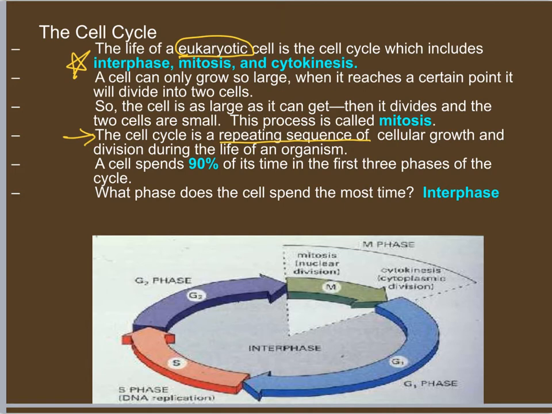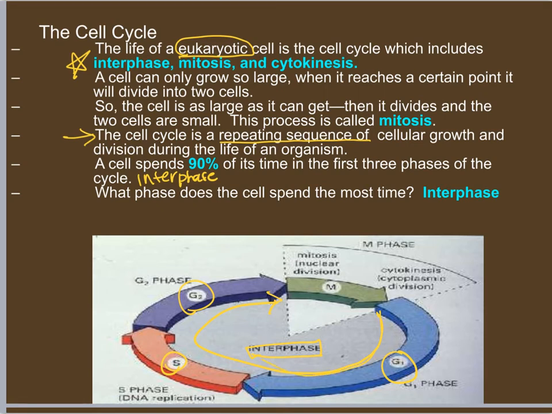A cell spends 90% of its life in the first three phases, which is interphase. Interphase has three phases, so I just want to clarify that. If you look, G1, S, and G2 are the first three phases because they are part of interphase. So the cell cycle has three phases: interphase, mitosis, cytokinesis.